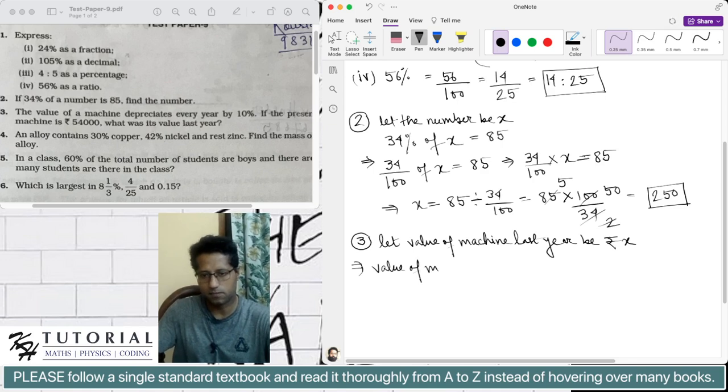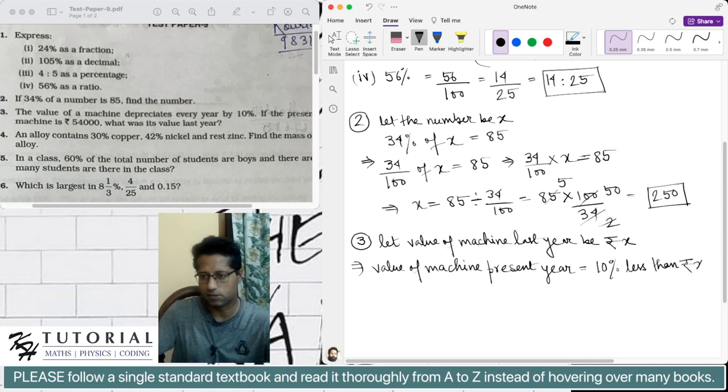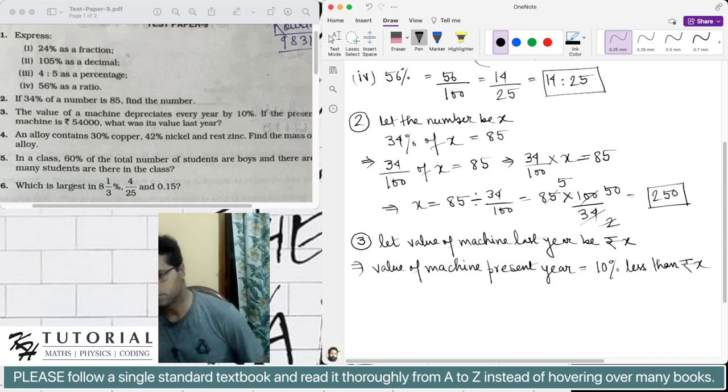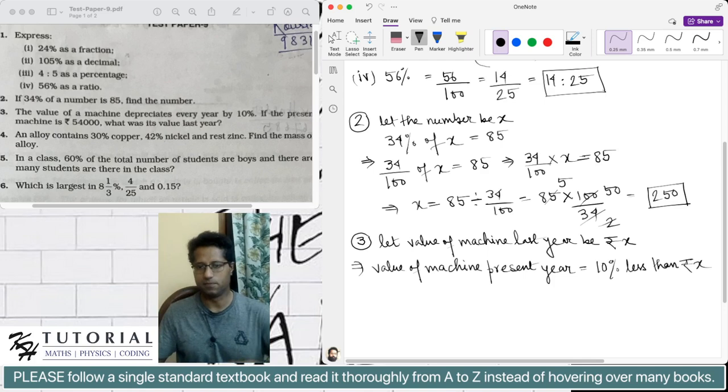the value of the machine in the present year will be 10% less than x, as x was the value of the machine last year, and since the value depreciates every year, the present year value will be 10% less than last year, that is 10% less than x.